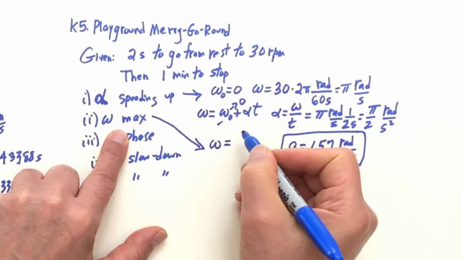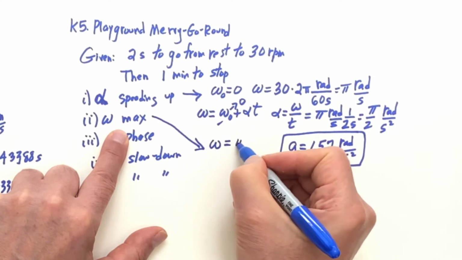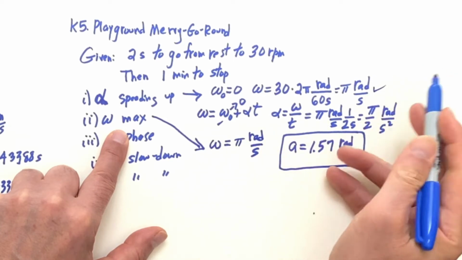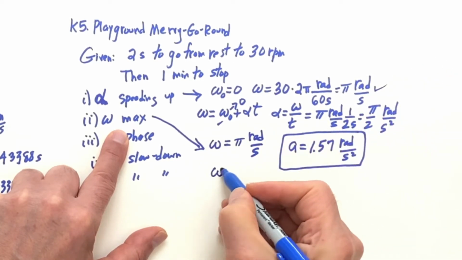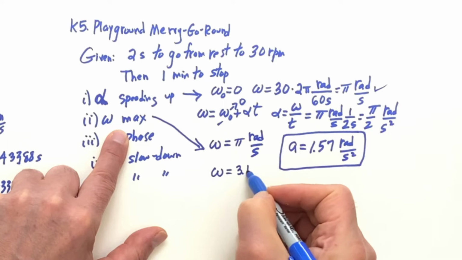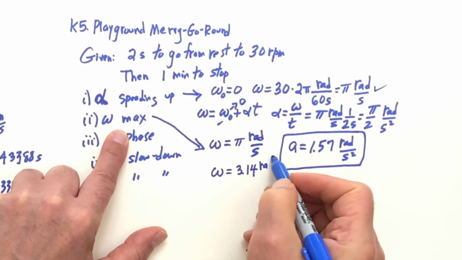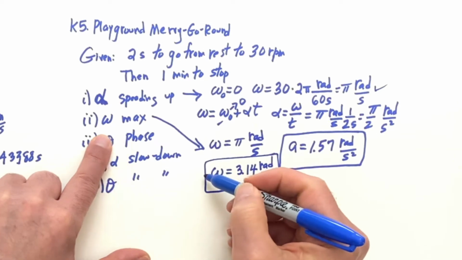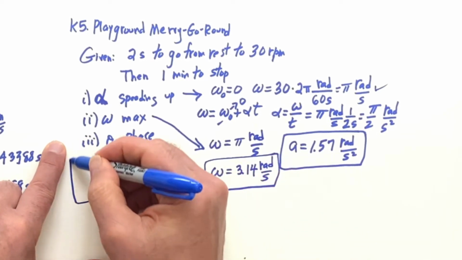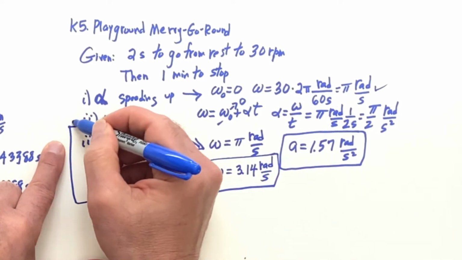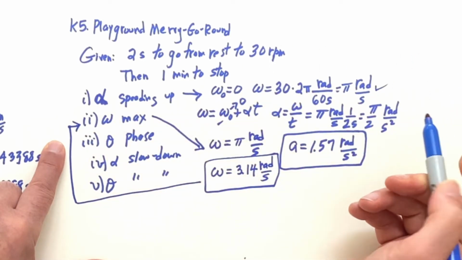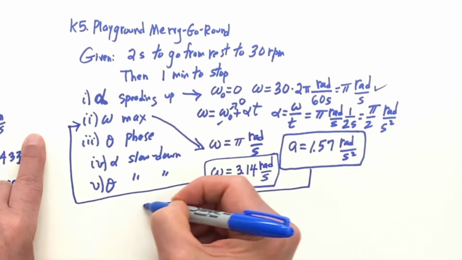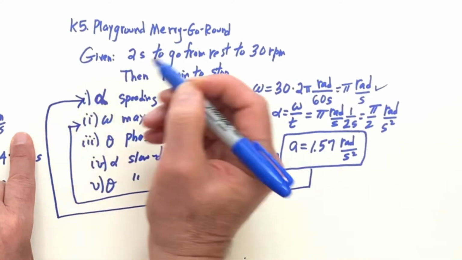Omega is equal to pi rad per second, so omega would be 3.14 radians per second. So this is the answer to the second question, which we actually found first. And then this is the answer to the first question.